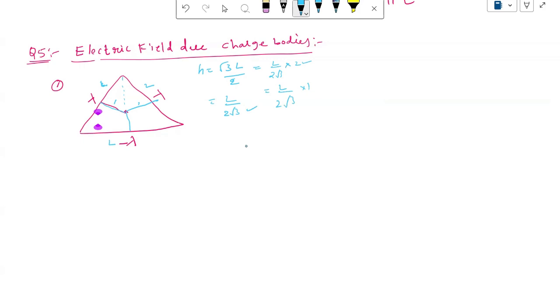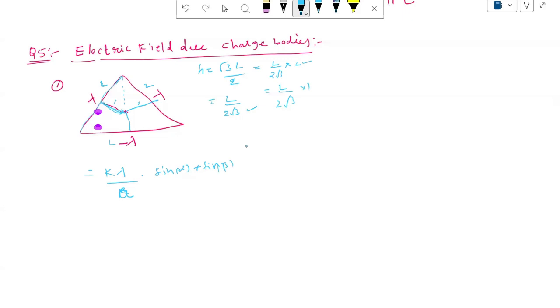So here is the distance from this rod. For this finite rod, this line is the bisecting line, right? For a finite rod, we have a formula: the field equals K lambda by R, here the distance A, into sine alpha plus sine beta.